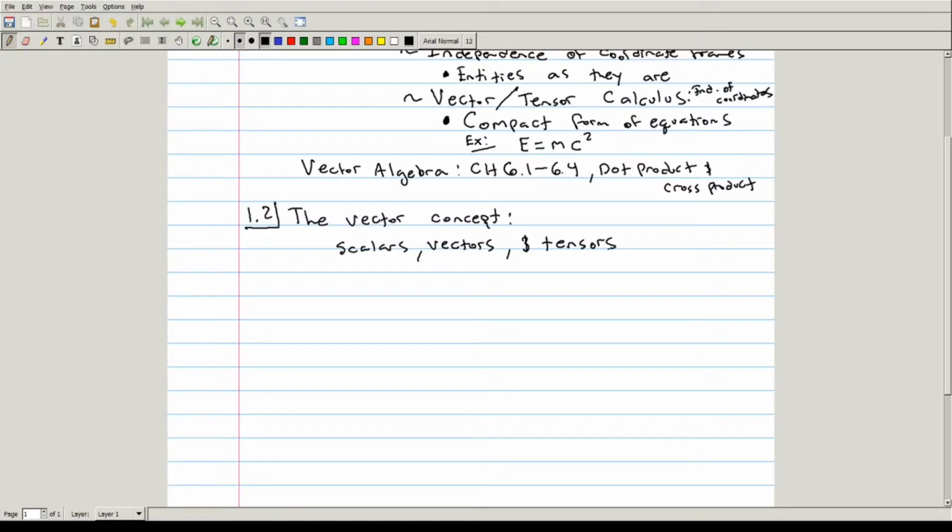And you will hopefully already be at least a little bit familiar with the first two objects here, the scalar and the vector.